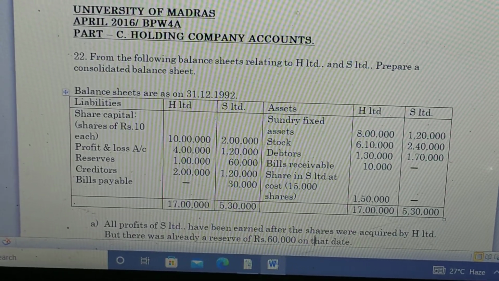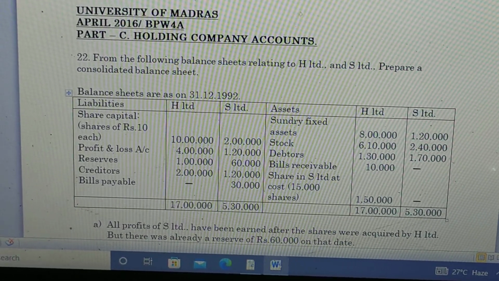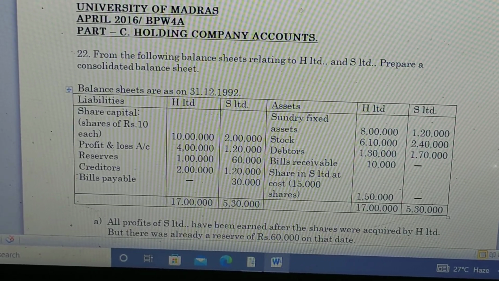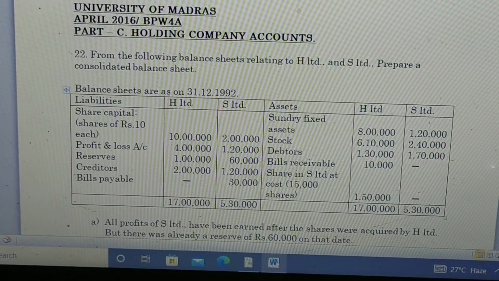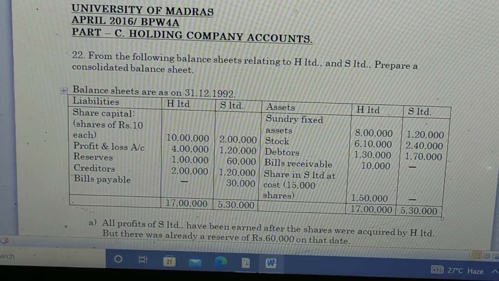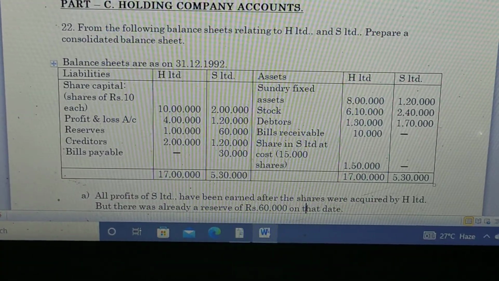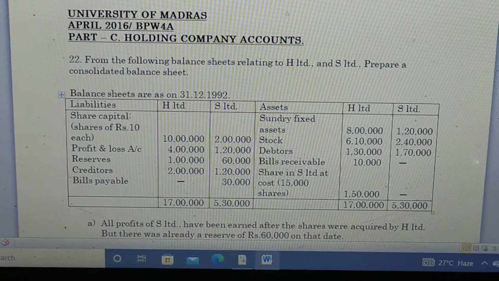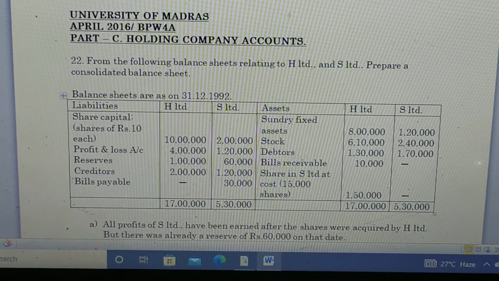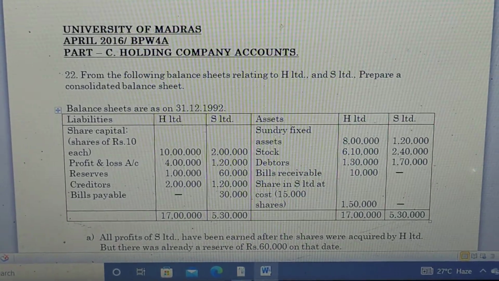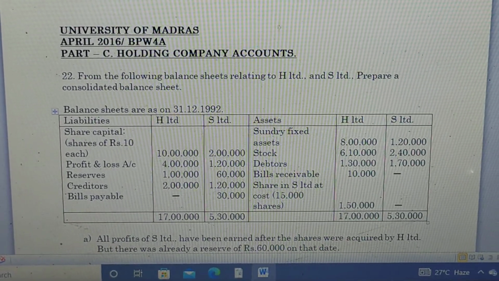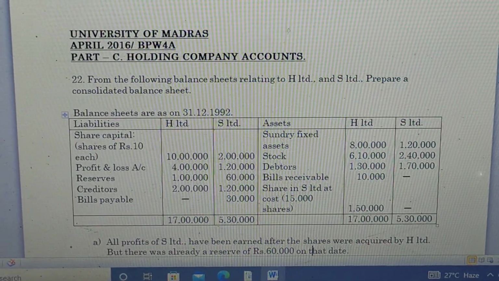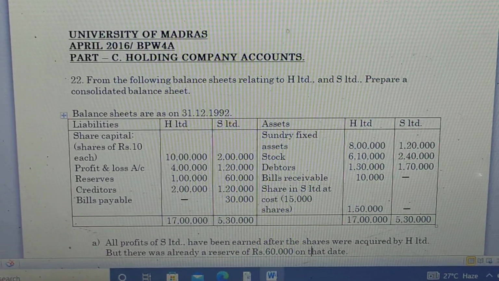Bills payable 30,000 for S Limited only, and the total liabilities are 17 lakhs for H Limited, 5,30,000 for S Limited. On the asset side, fixed assets 8 lakhs for H Limited, 1,20,000 for S Limited. Stock 6,10,000 for H Limited, 2,40,000 for S Limited.